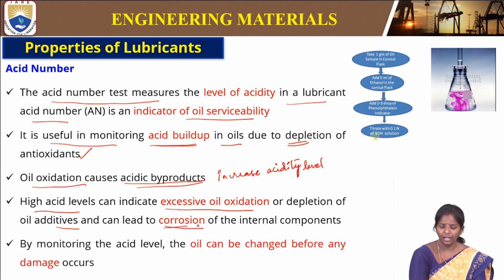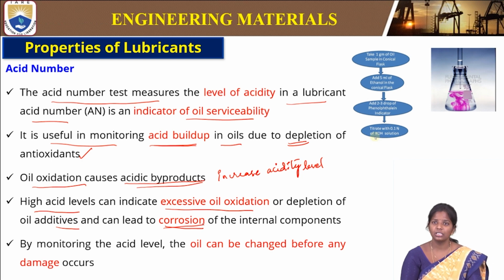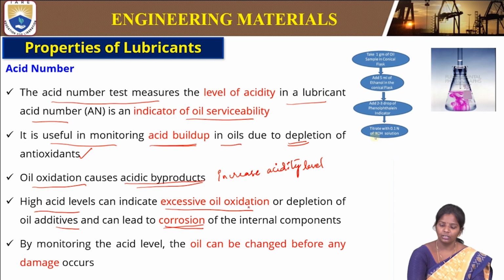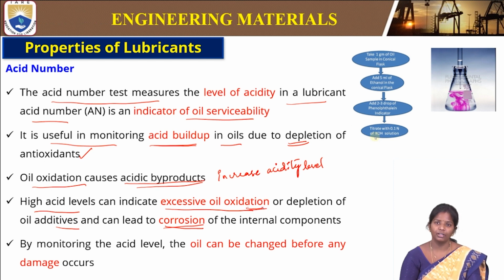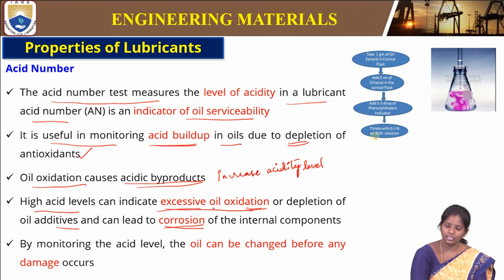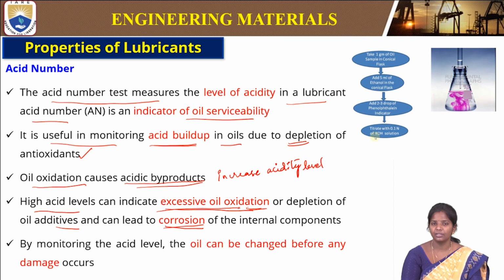For example, we have already studied in our previous sessions how oxidation will affect the metal parts by corroding. So whenever there is excess oil oxidation for that particular oil or lubricant, it will further favor corroding the metal components wherever it is applied in lubrication.